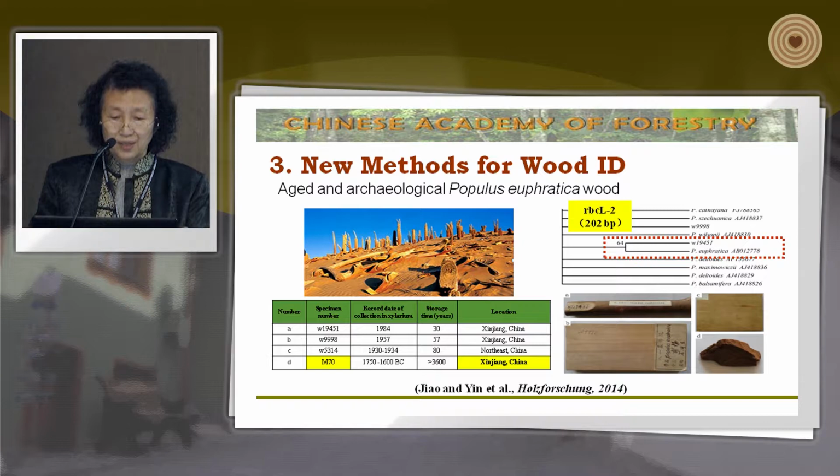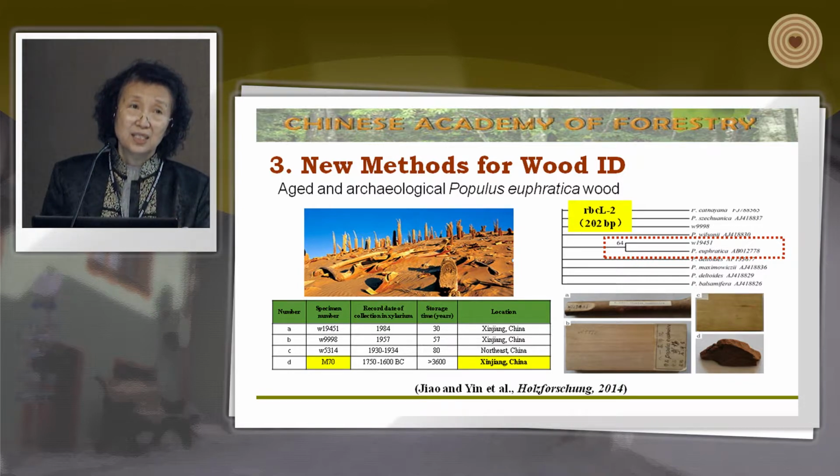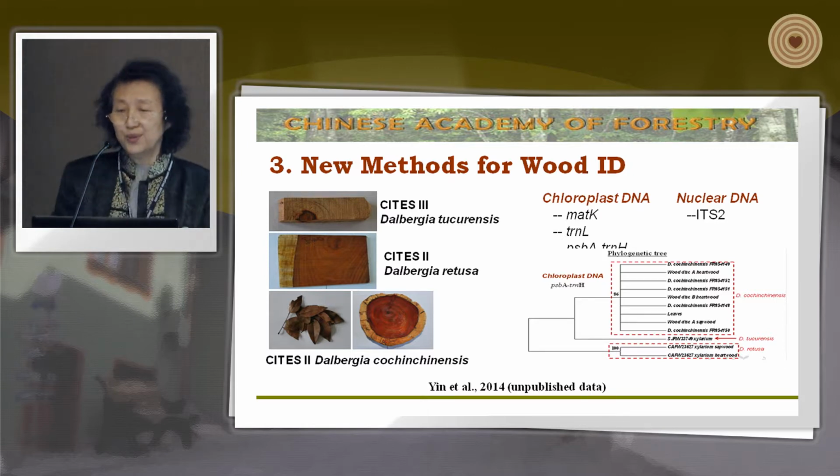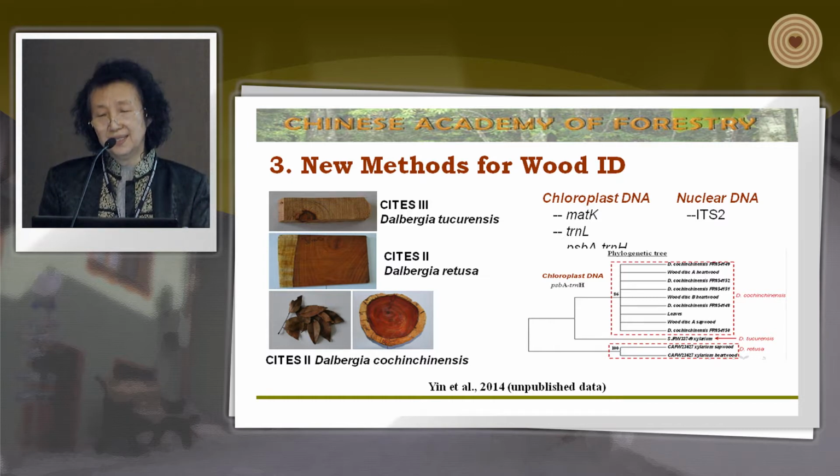The results indicate we can use the DNA method to distinguish this species from other species of the Papyrus genus. I also did another research. This species is also Dalbergia, also controlled by the CITES convention.